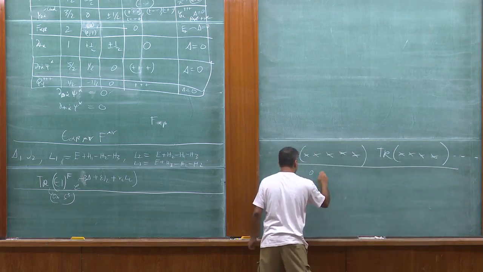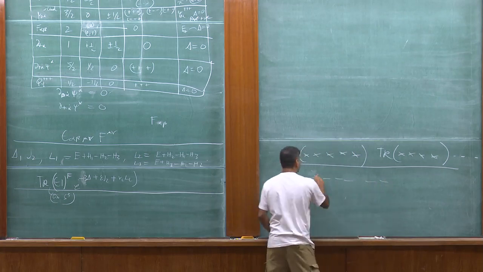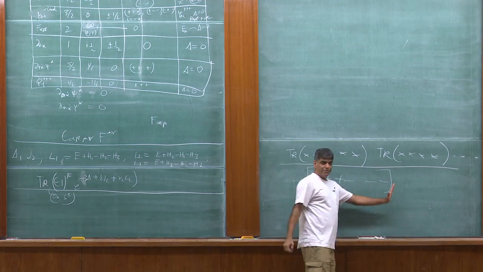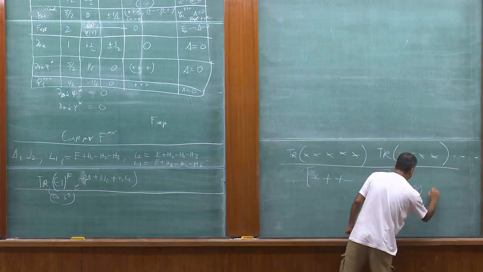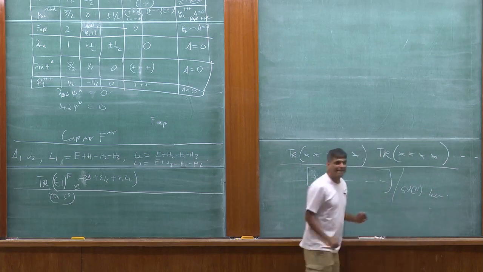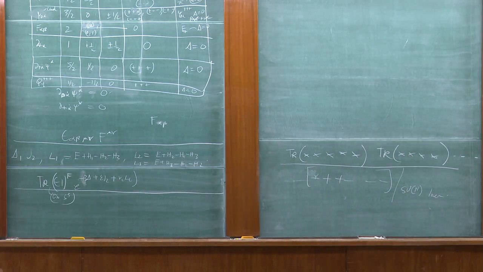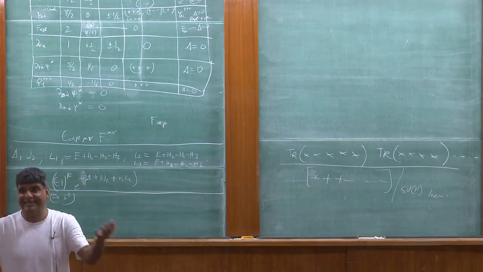More sophisticatedly, what we want is simply this. We want to take the product of all letters. So top, top, top, top. This could be any letter, this could be any letter, this could be any letter. And in the end, after taking the product, project onto SU(N) invariants. This is the Hilbert space of our theory. The Hilbert space of our theory is a Fock space of all these letters.